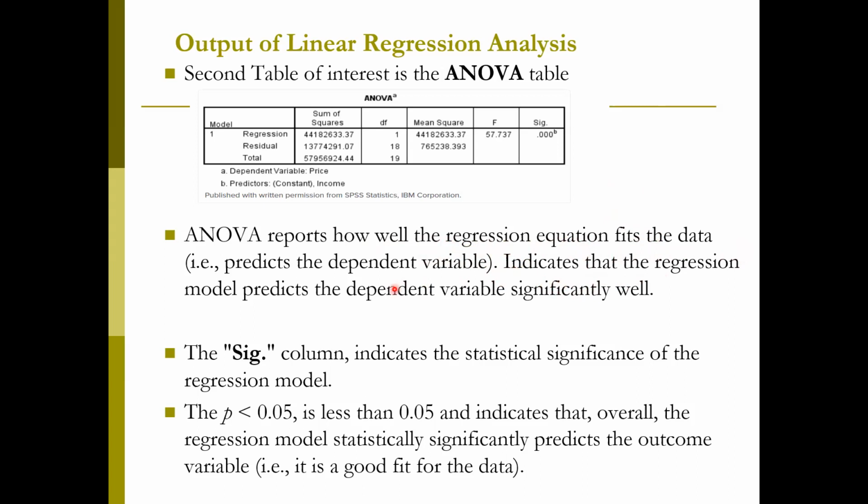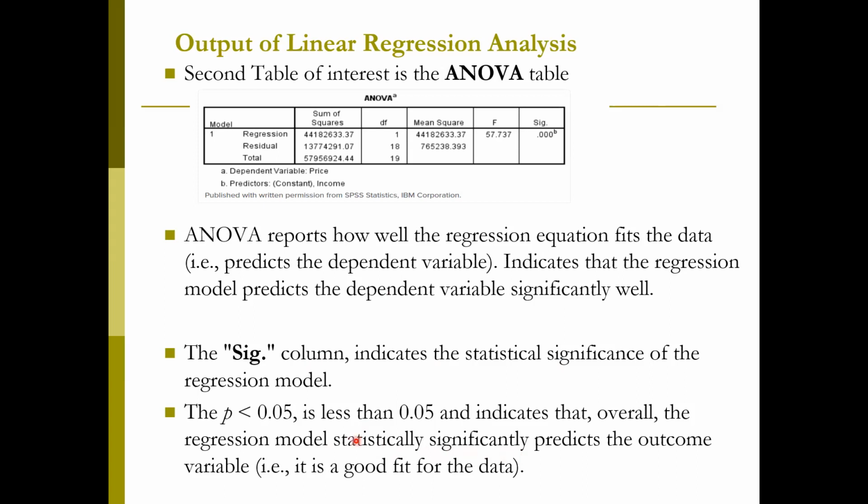It indicates that the regression model predicts the dependent variable significantly well from the Anova table. Why? Because our F is huge. Look at our significant value. It's less than 0.01 or even 0.05. The Sig column indicates the statistical significance of the regression model, which is less than 0.05, and indicates that the overall regression model is statistically significant.